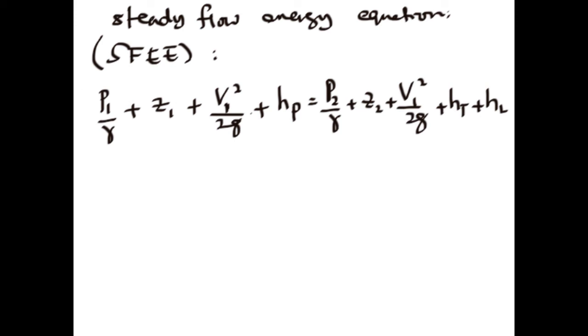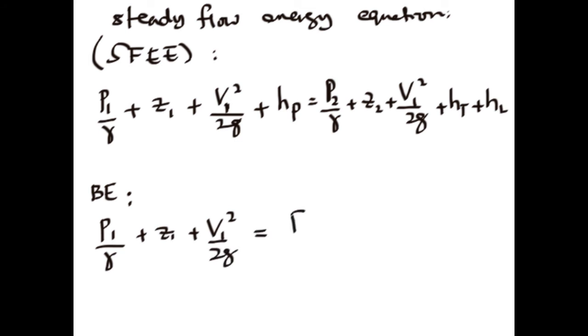So I rearrange. Just now, when we derived, we got the V first, then Z, P and HP. If you go back to the Bernoulli equation and write it in head, I will get this plus this plus this equals the outlet term.